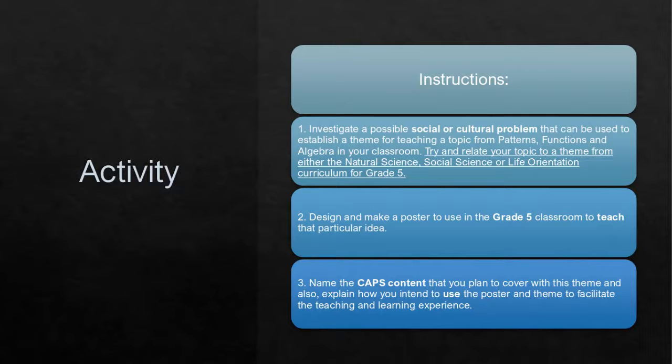Then you also have to relate the theme and the topic to one of the subjects in grade 5, natural sciences, social sciences, and life orientation. So your activity will then consist of 2 components. A poster. This is the poster where you have to teach that particular idea.